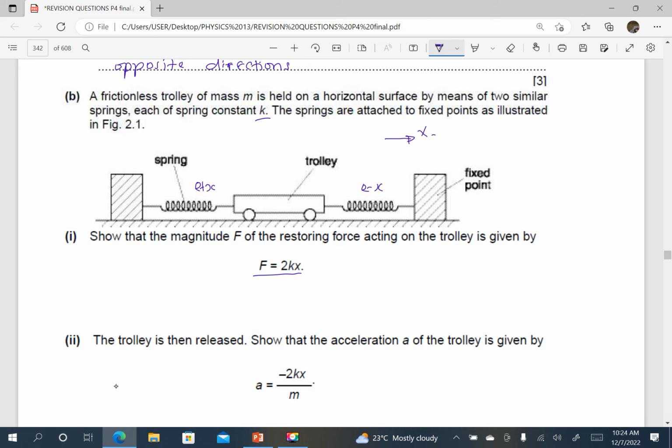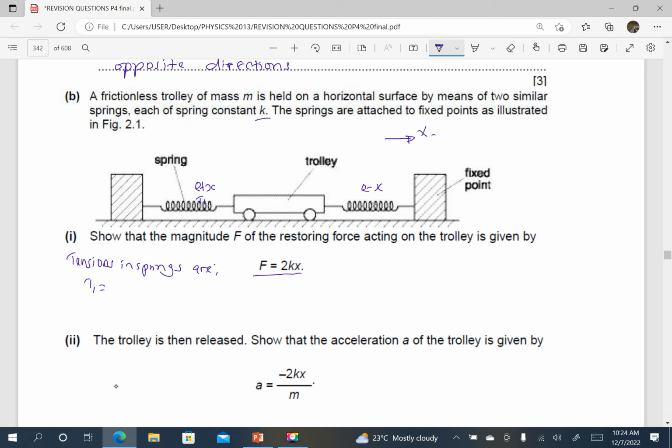So we shall simply say that the tensions in the springs are, I'll call this one T1.